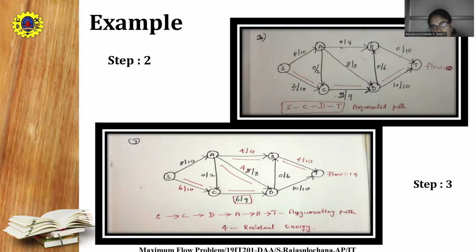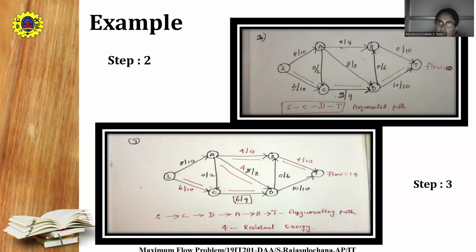So already the forward flow is full, which is equal to 8. So now I'm choosing the path from D to A, which is reverse flow. So I have to subtract the flow from 8. So there the reverse flow is 0, and from A to B it is 4, and from B to T it is 10. So of these flows, 4 is the minimum.